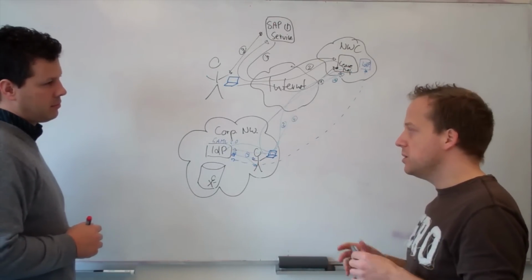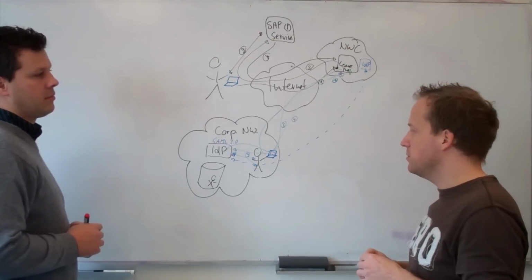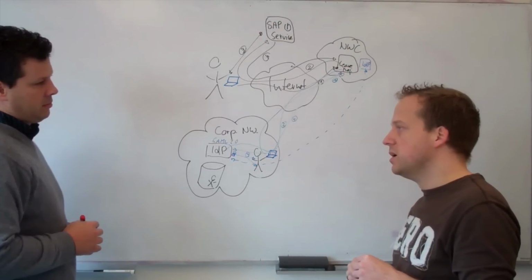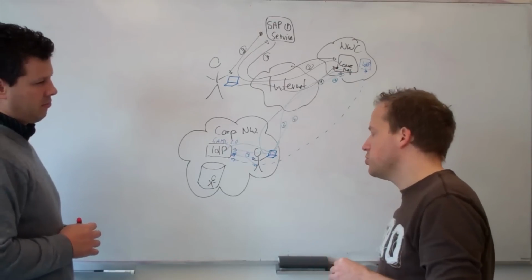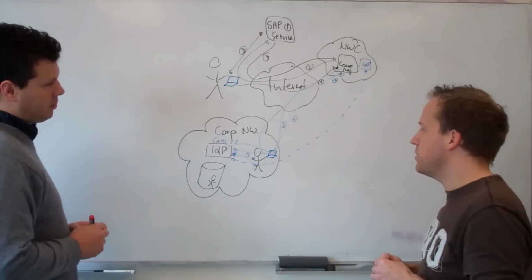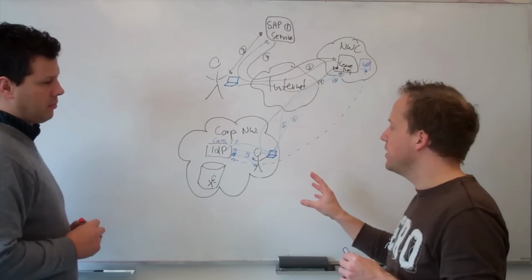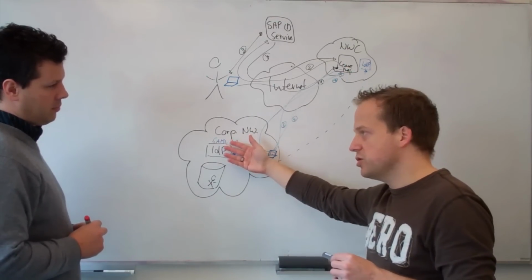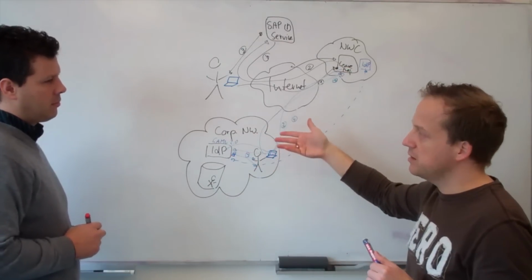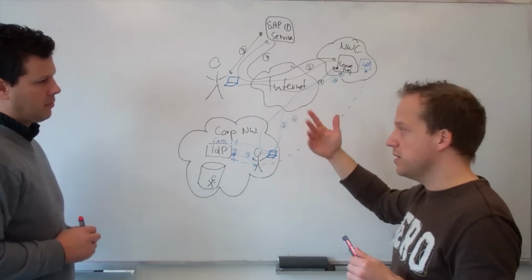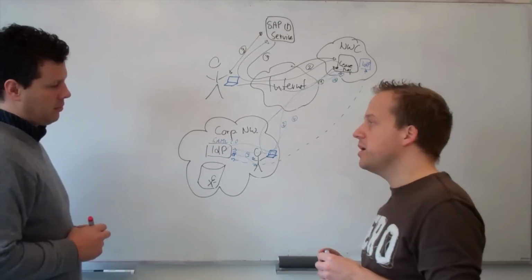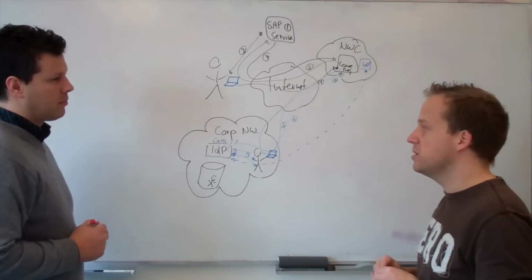You can go, for example, to our SCN community website, and there you will see tutorials that I published recently about how to configure exactly this scenario with different IDP solutions, including SAP NetWeaver Identity Management, Active Directory Federation Services from Microsoft, and OpenAM, which is an open source based solution in this space.